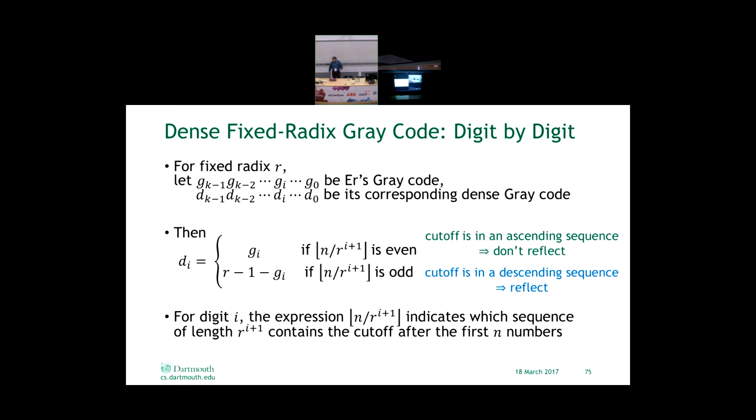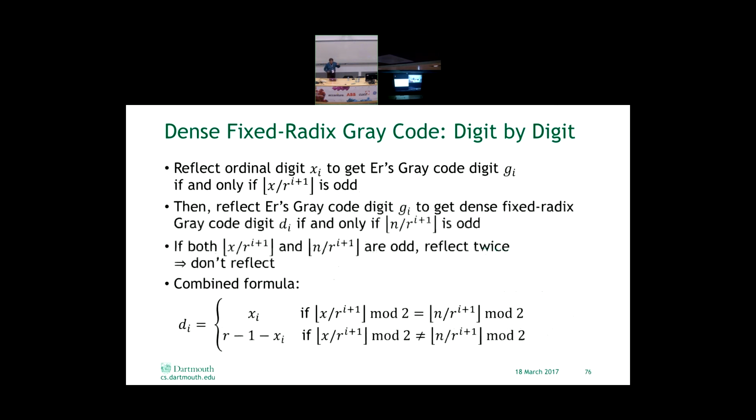And then we reflected Ayer's gray code digit g_i to get the dense fixed radix gray code if and only if the floor of n over r to the i plus 1 was odd. So if both are odd, then essentially you're going to reflect twice, right? You're going to reflect digit x_i to get g_i, and then you're going to reflect digit g_i to get d_i. You've reflected it twice, which is the same as not reflecting.